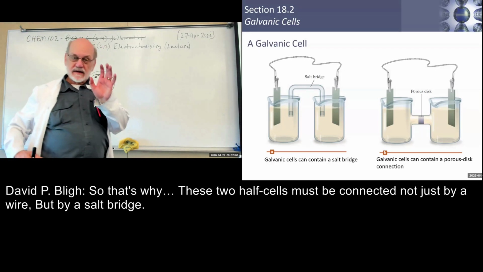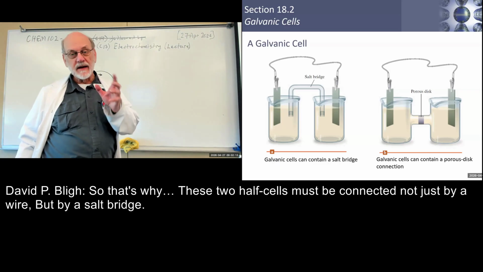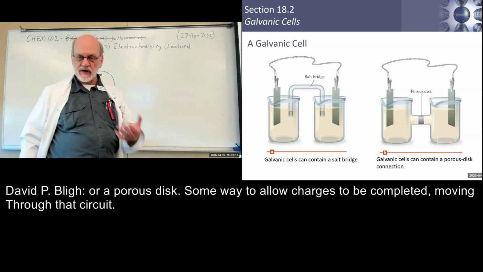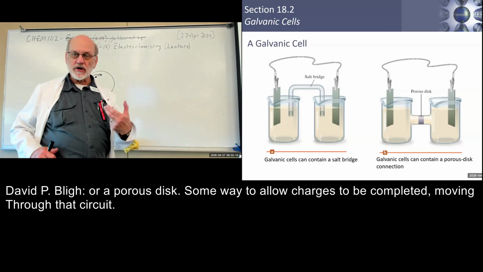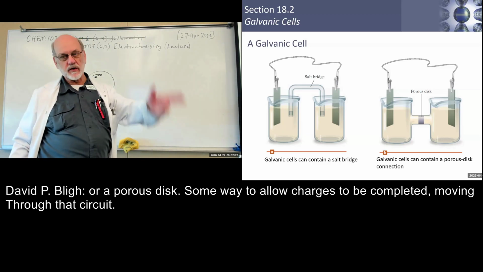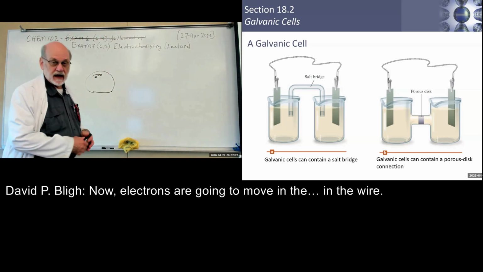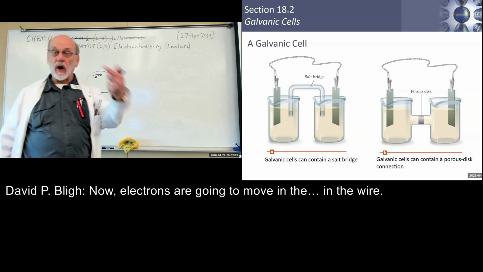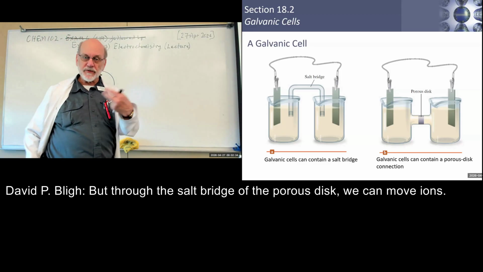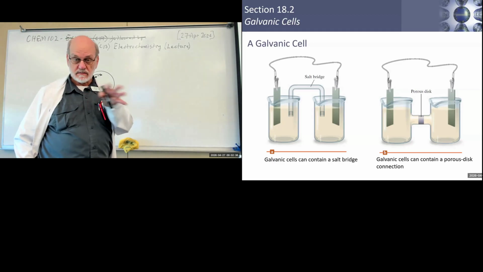So that's why these two half cells must be connected not just by a wire, but by a salt bridge or a porous disk, some way to allow charges to be completed, moving through that circuit. Now, electrons are going to move in the wire. That's the only thing that can move through that wire. But through the salt bridge or the porous disk, we can move ions.